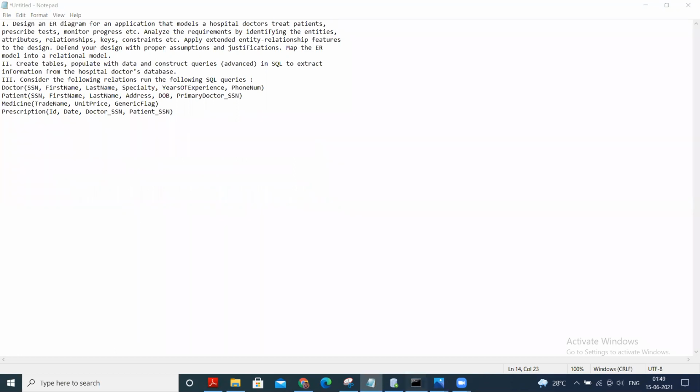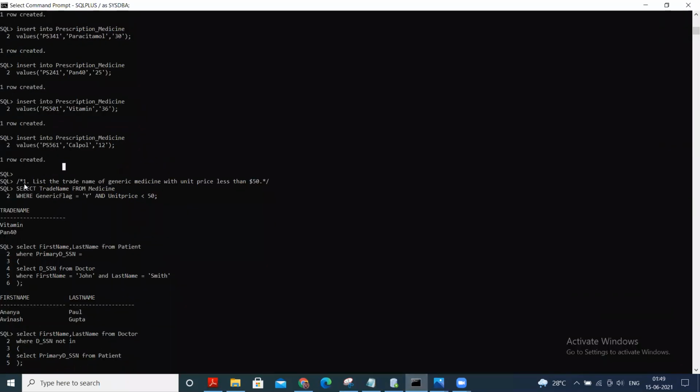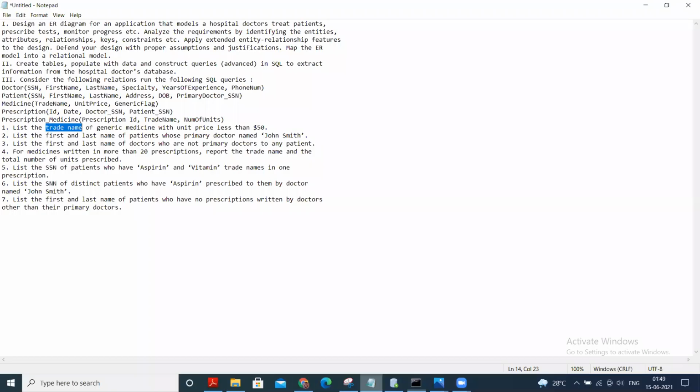Okay, so in SQL there is a format of 3 lines: select, then from, and then where. So we have to list the trade name.